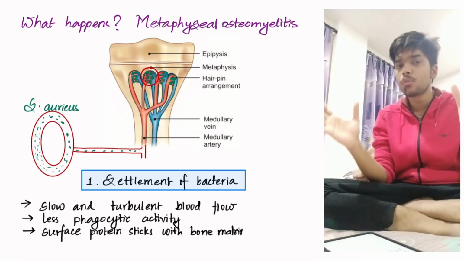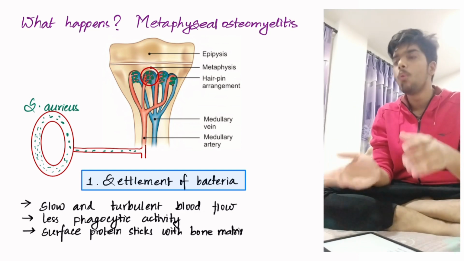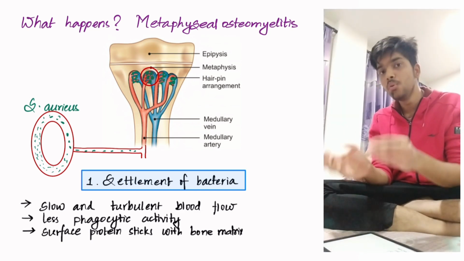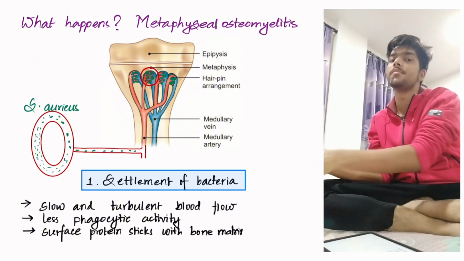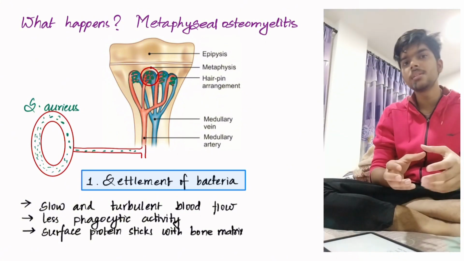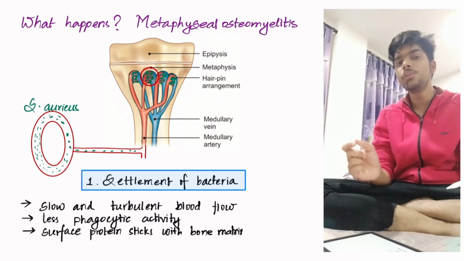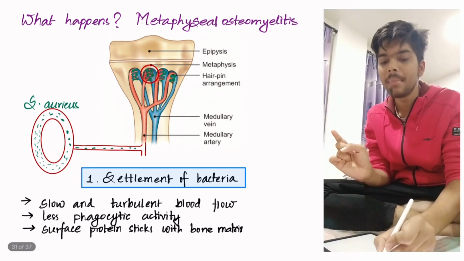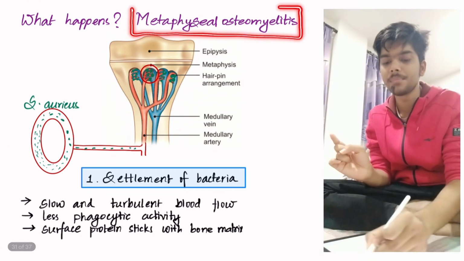Now let's look at the pathophysiology of osteomyelitis. What actually happens once the bacteria infect the bone to result in osteomyelitis of the bone? For us to understand pathophysiology, I am going to take one of the most common types of osteomyelitis, and that is metaphyseal osteomyelitis.